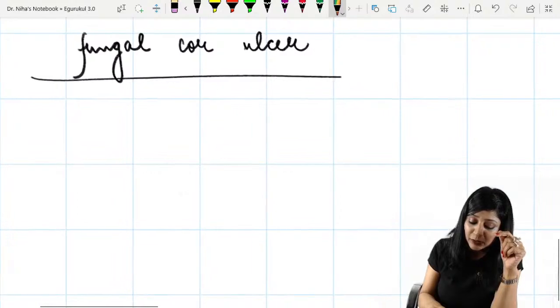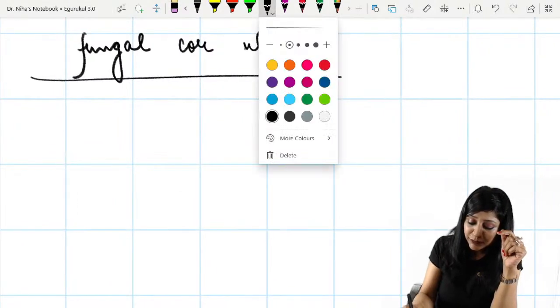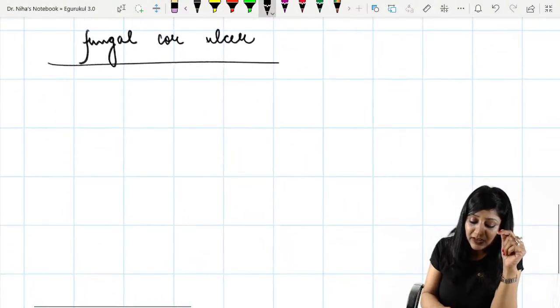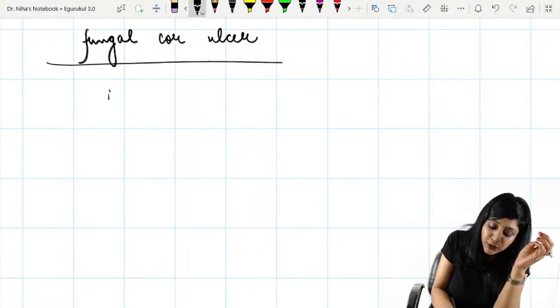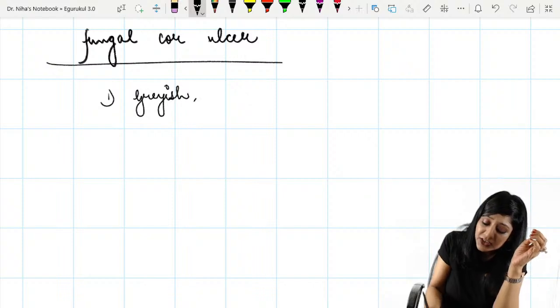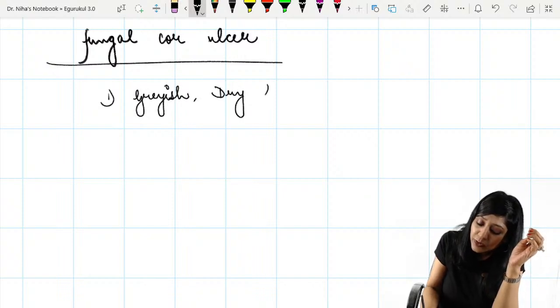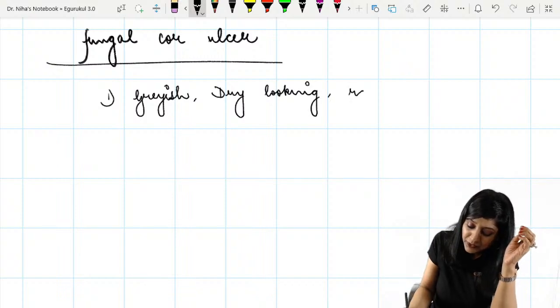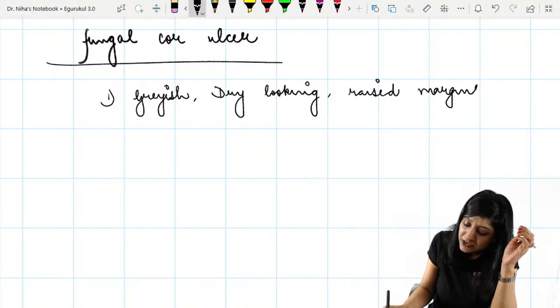Now, if I talk about the fungal corneal ulcer, what are the typical features that you are going to get? First of all, the ulcer will be grayish, it will be dry looking, and you will have the raised margins, right?